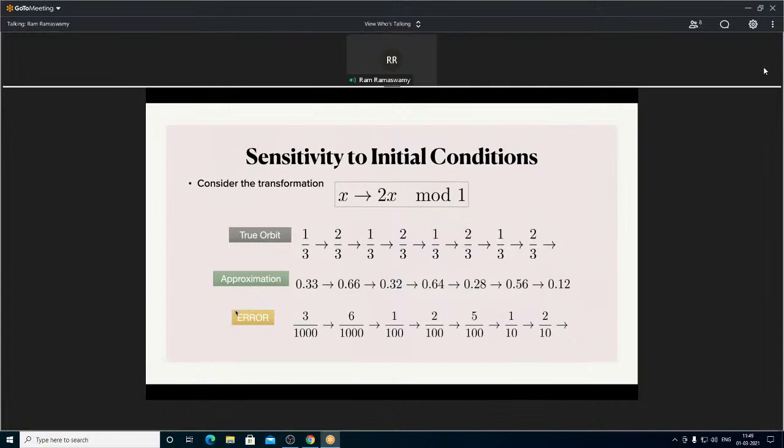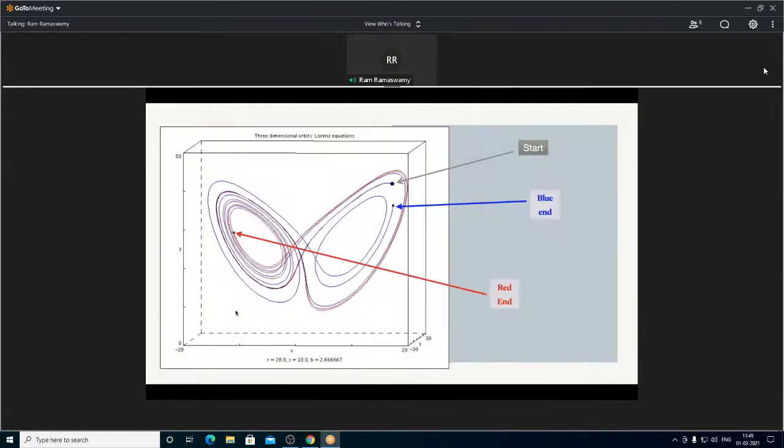And it's actually something which is very rampant. We see it all the time in our lives, and it can be illustrated in the following way. The idea is that if a system is nonlinear, it can show sensitivity to initial conditions.